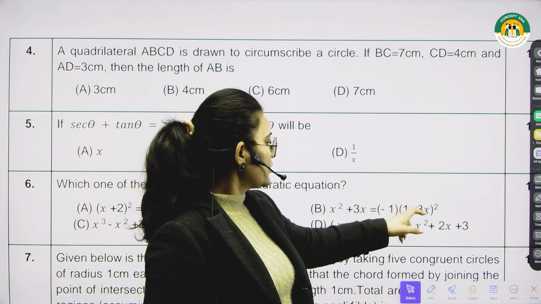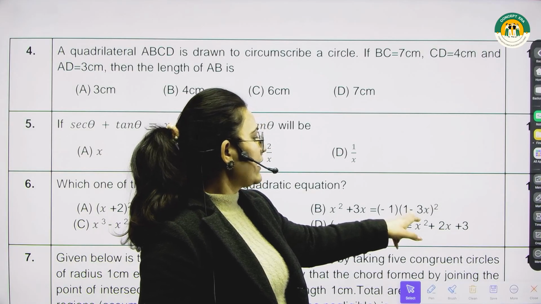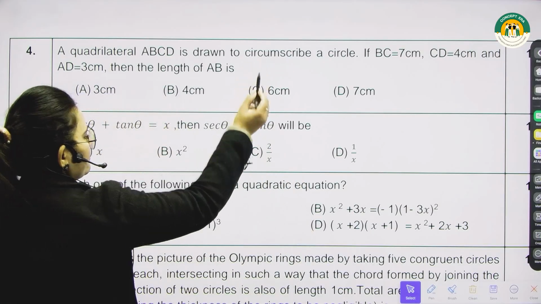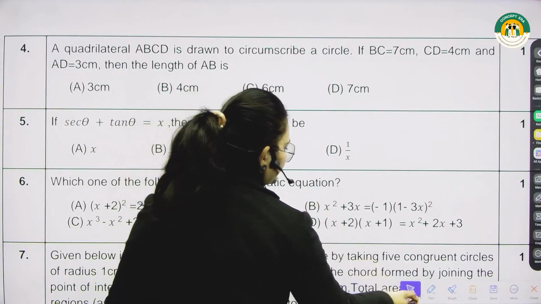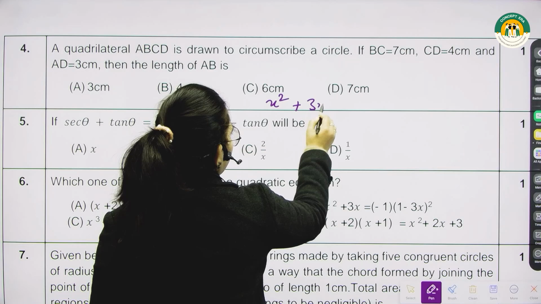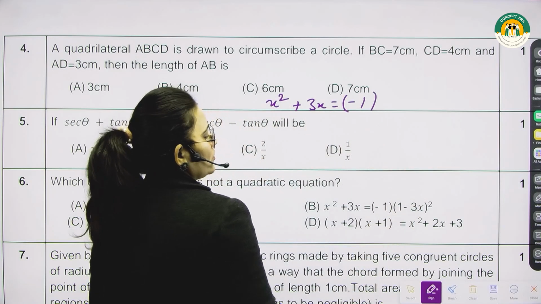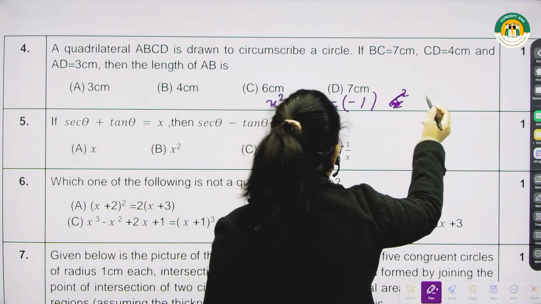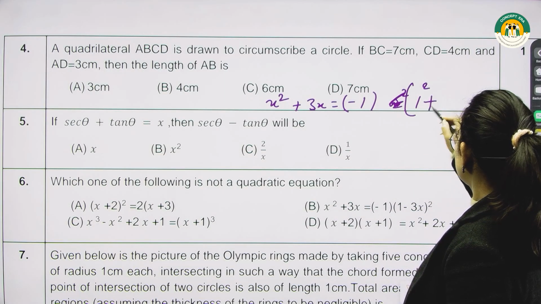Here if we multiply this, firstly we'll open the bracket. (a minus b) whole square is a square. Let's check this equation. So it is x square plus 3x is equal to minus 1. (a minus b) whole square is a square plus b square.